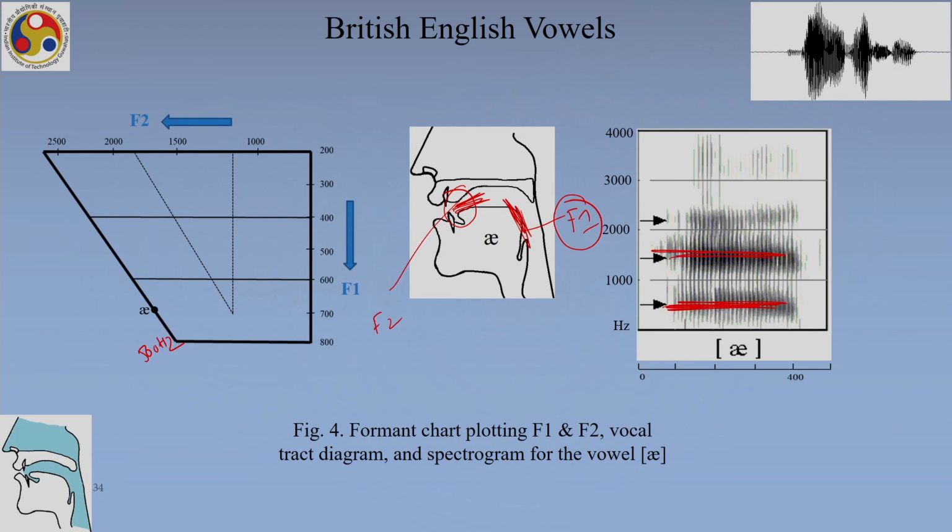So the F1 for A is higher than 500, around 700 to 800, and F2 is around 1800, so it should be like this.